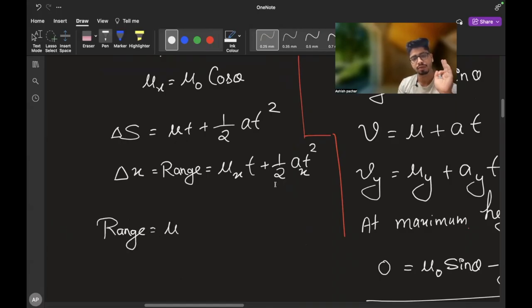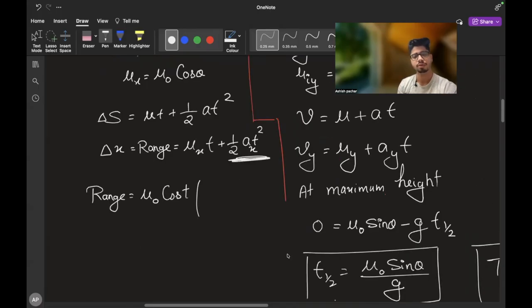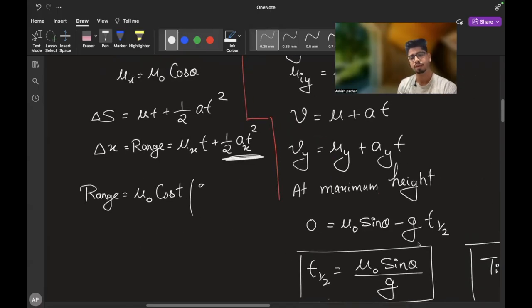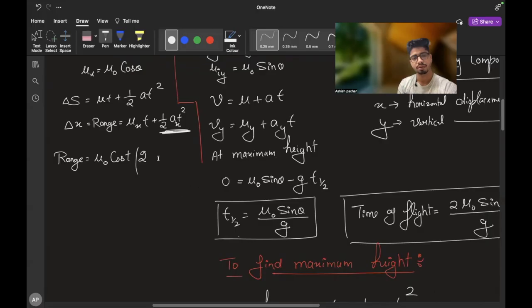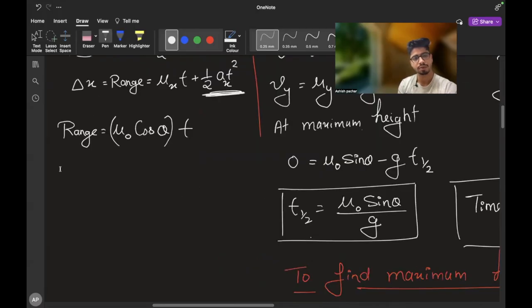This becomes zero. Initial horizontal component is u naught cos theta. Time you already found. You have to take the total time of the flight, the complete one, otherwise you will get half of that. So this is ux into t, and t is the total time period.